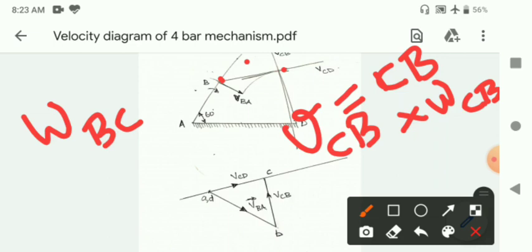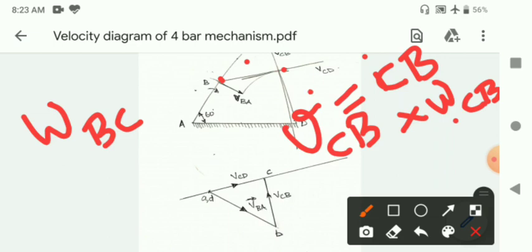Now from this equation, omega CB is what you need to find, that is the angular velocity of link CB. The length of the link CB is already given. The length is given in millimeters, so you need to convert to meters.